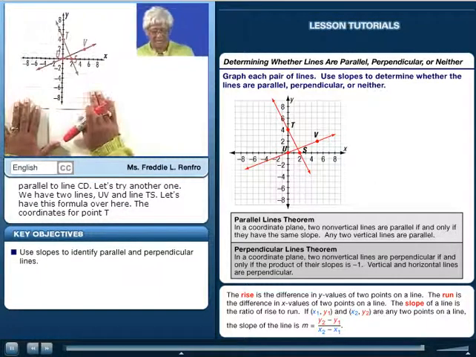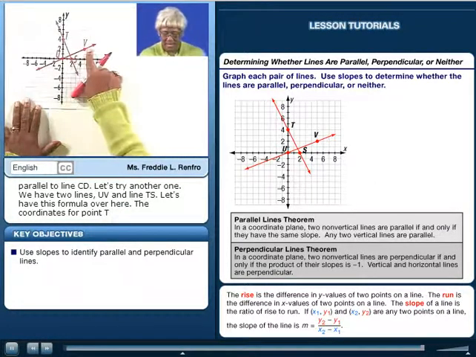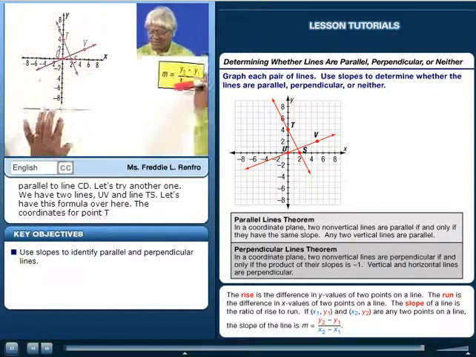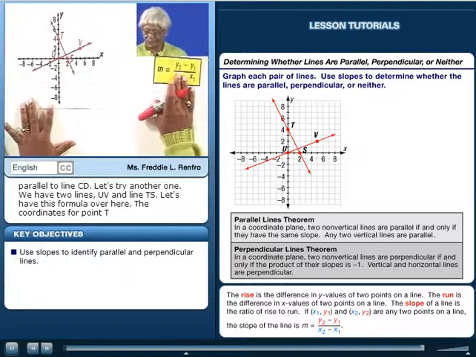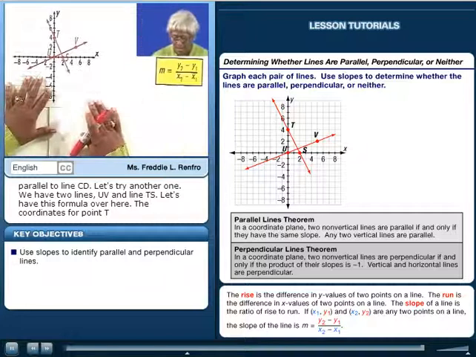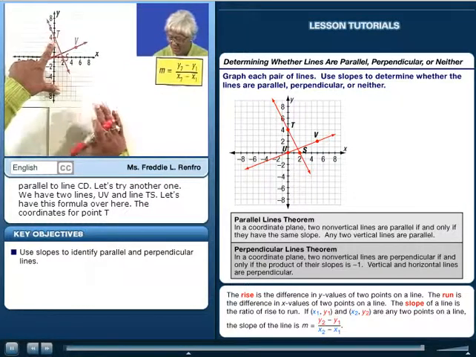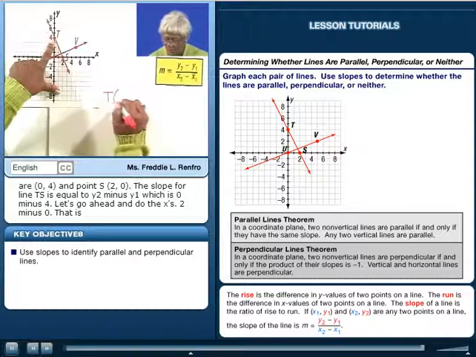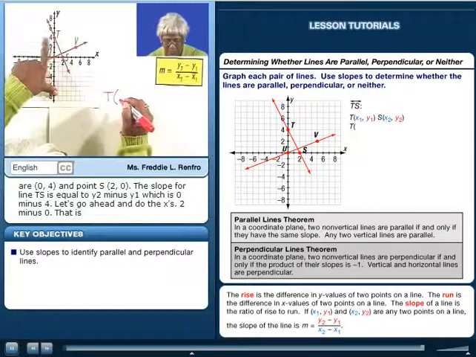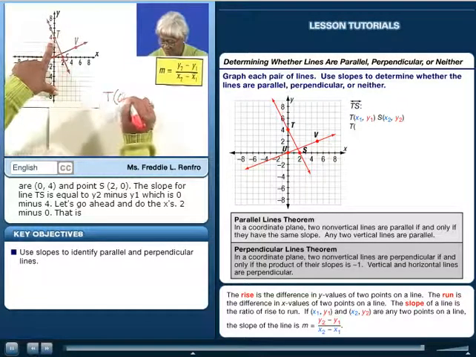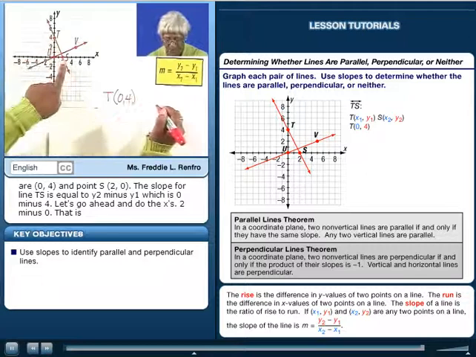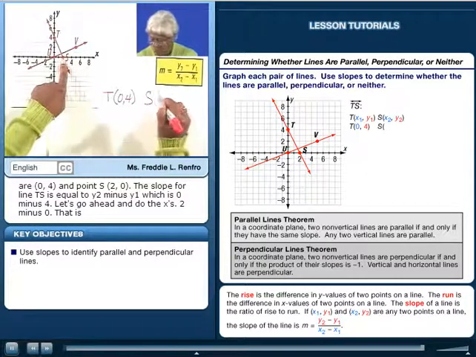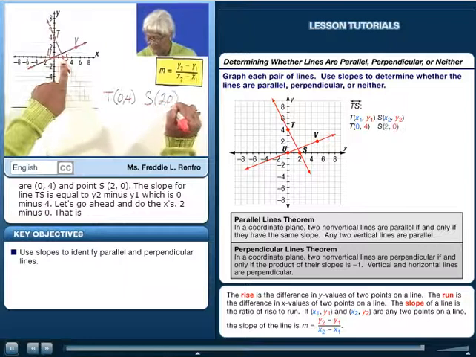We have two lines, UV and line TS. Let's write this formula over here. Line TS, the coordinates for point T, let me go ahead and write those down: 0, 4, and point S, 2, 0.